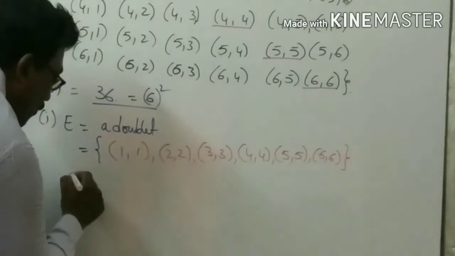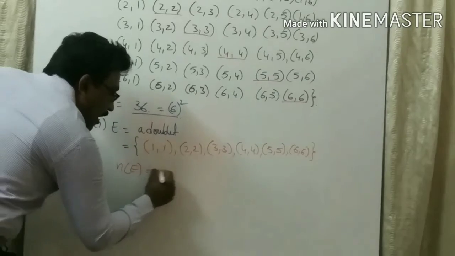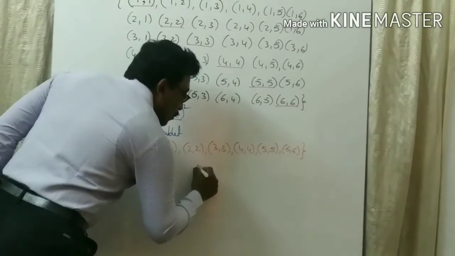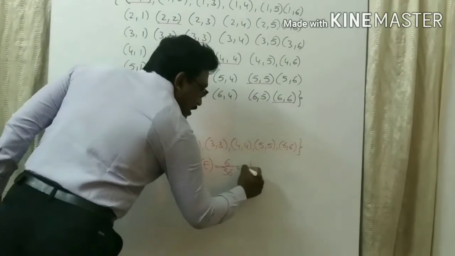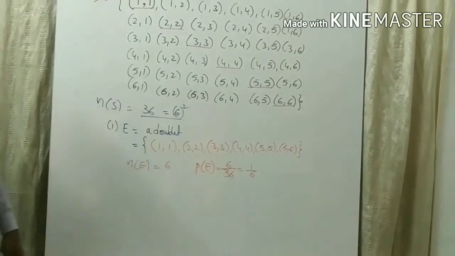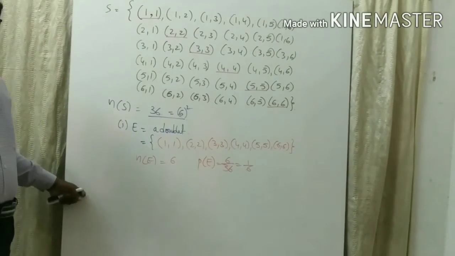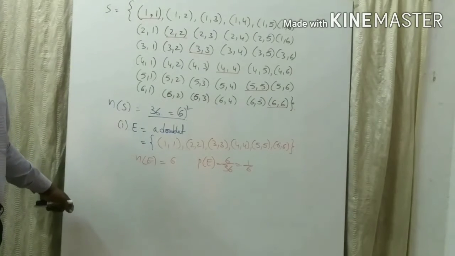So n of E is how many? 6 are there. So the probability of this event is 6 by 36, that is 1 by 6. Like this we can have many examples.